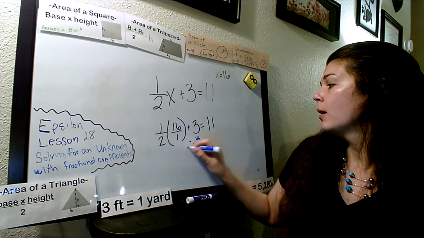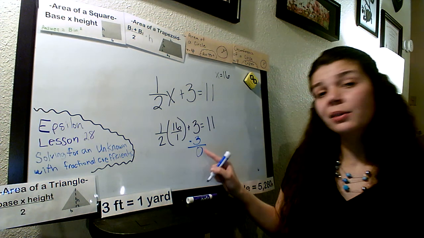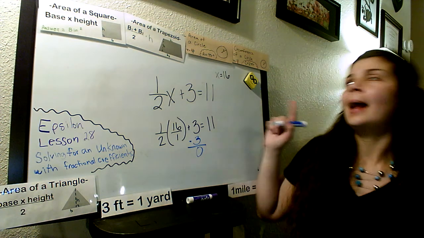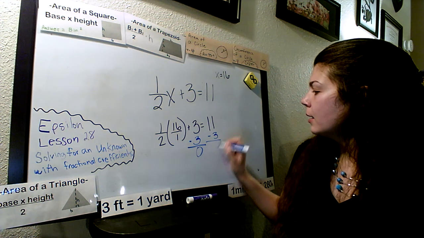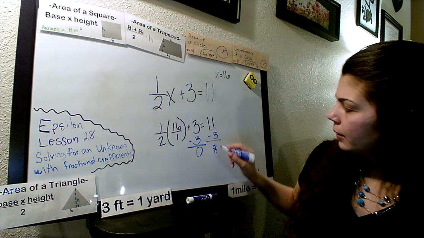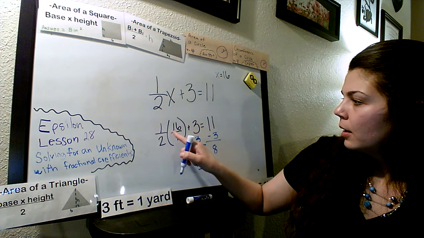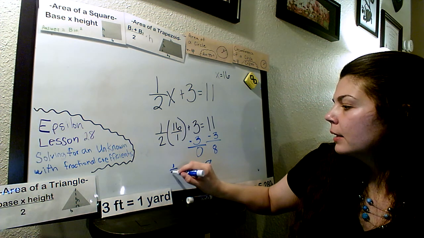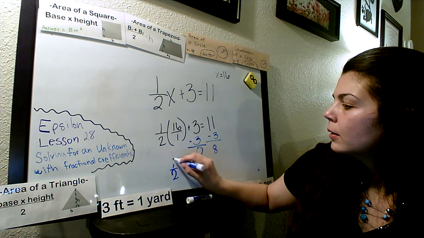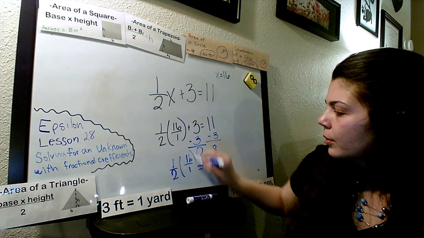Minus 3. 3 minus 3 is 0. If I do it to one side, I have to do it to the other. Minus 3. 8. All right, so I have 8 equals, all right, now let's look over here. Half, I'll write it down here, times 16 over 1.